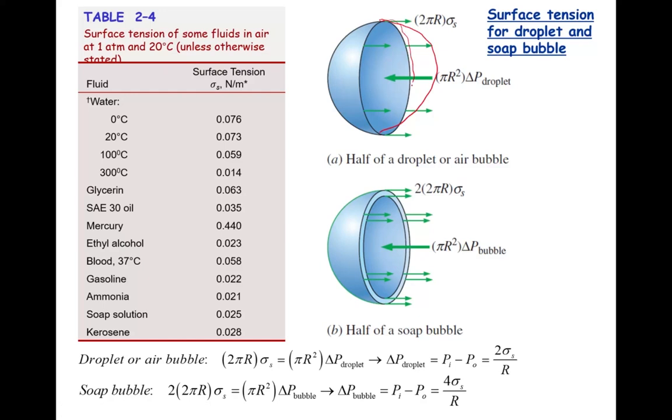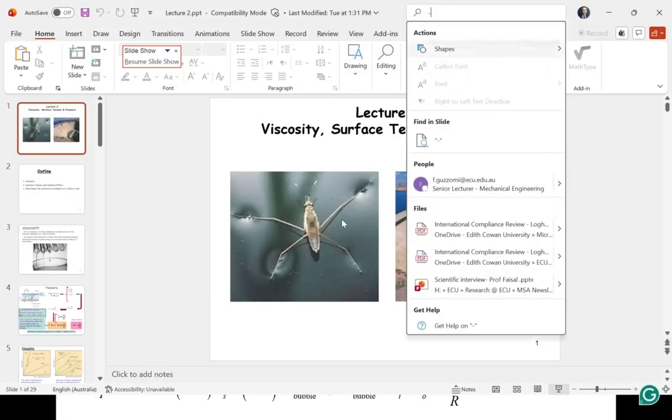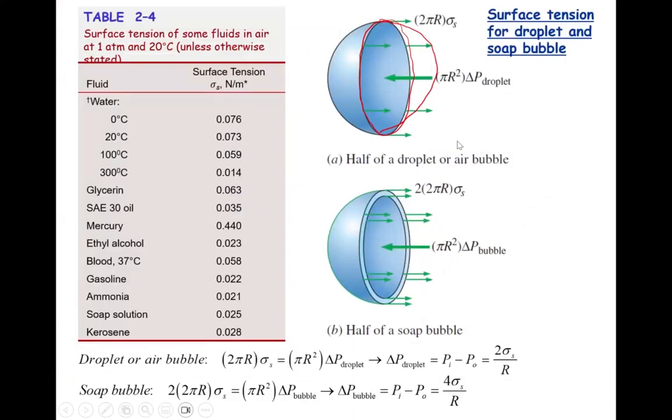Surface tension acts along this perimeter as we explained. The surface tension acts in this way to hold this droplet like a sphere.